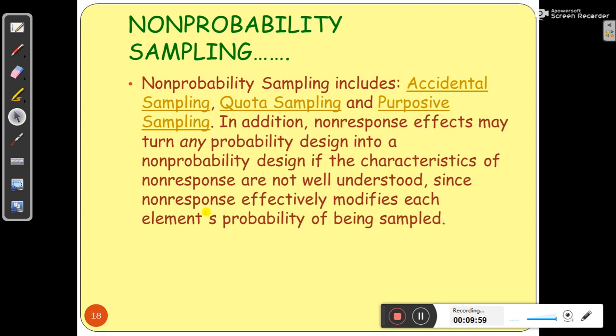In addition, non-response effects may turn any probability design into a non-probability design. It means that if you are trying to apply probability based sampling and you find non-response effects, these may turn a probability design into a non-probability design if the characteristics of non-responses are not well understood.